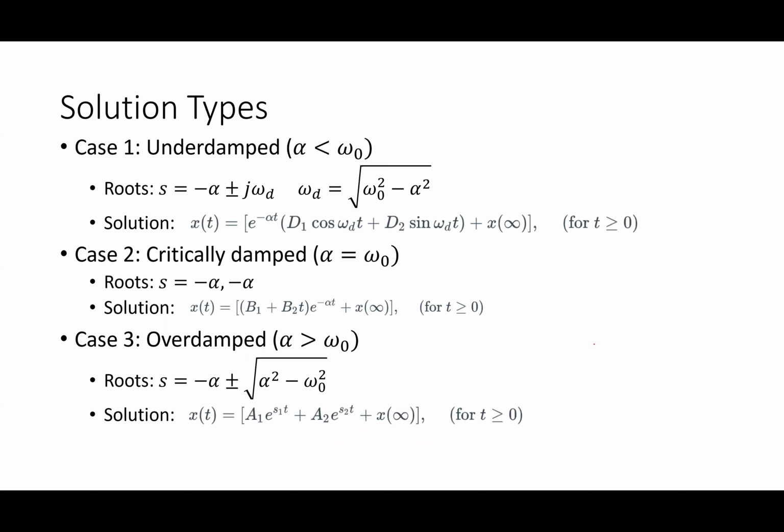So when alpha is less than omega naught, we get the underdamped case, which means we have this form of the solution right here. That's the case where my roots are complex. Now, if it's critically damped, which I said is really a situation that never happens, that's when alpha and omega are equal to each other.